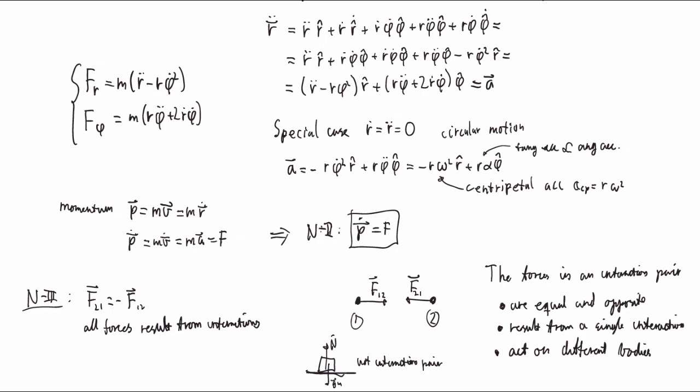Now, from Newton's third law, we can also easily derive momentum conservation. So let's add in a couple of additional forces here. This is the external force on particle 2. This is the external force on particle 1.